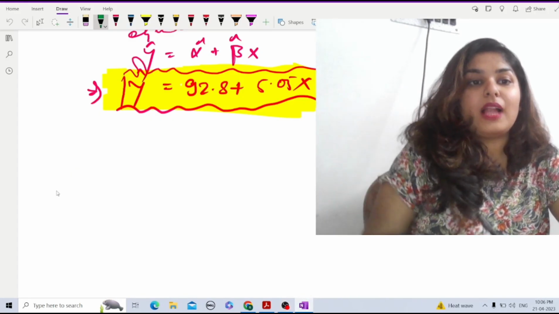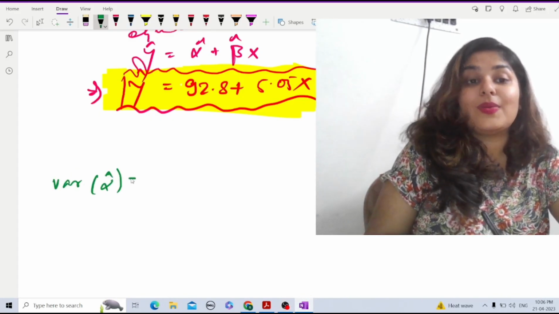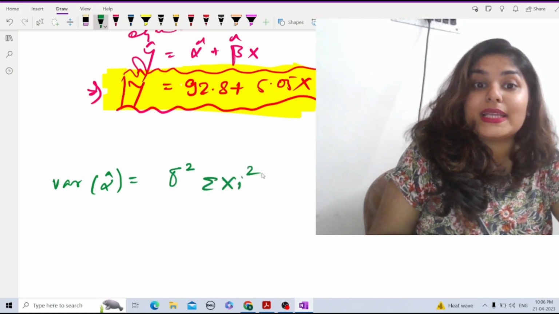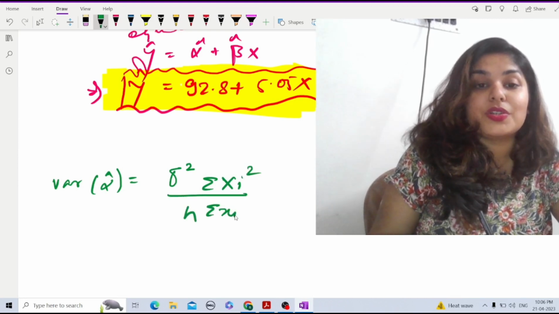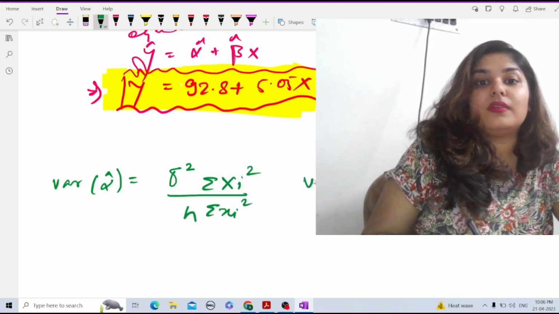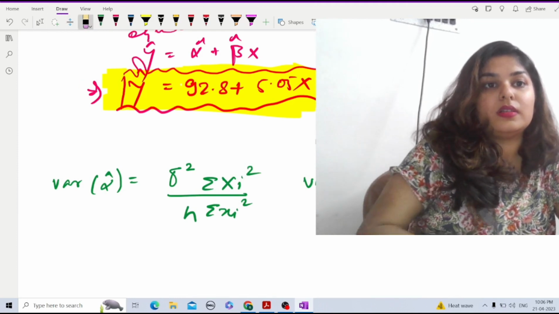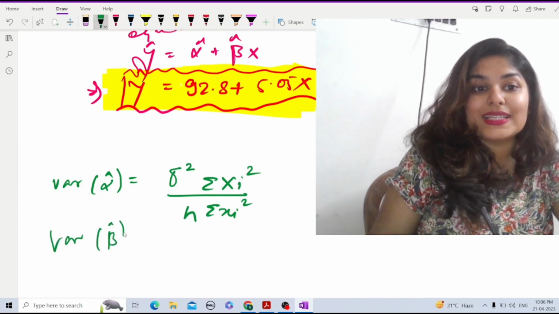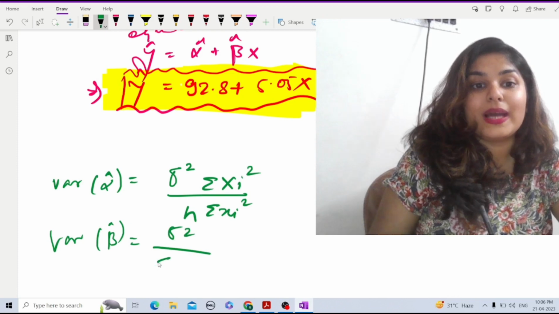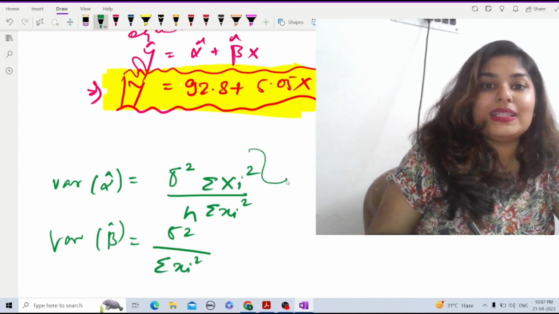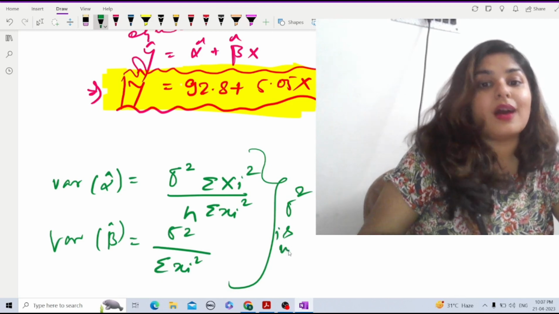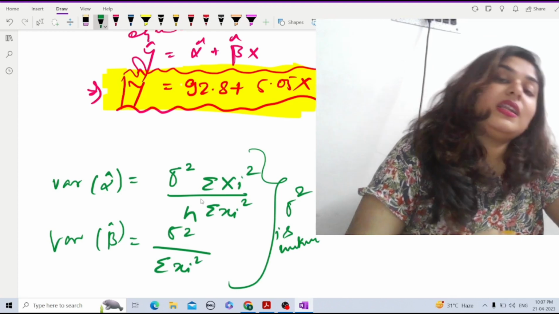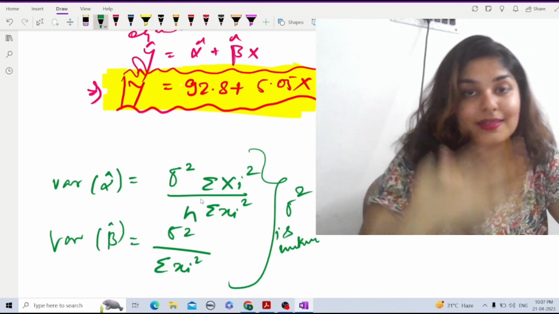So the variance of alpha hat, the formula of variance of alpha hat is equals to how much? We know that it is sigma square summation capital xi square divided by n into summation small xi square. Okay, let's not write it here, let me write it down here. So variance of beta hat is equals to again sigma square by summation small xi square. Now in this case we know that sigma square is unknown, so we cannot use sigma square because we have to again find out the value, that is the testing of hypothesis.